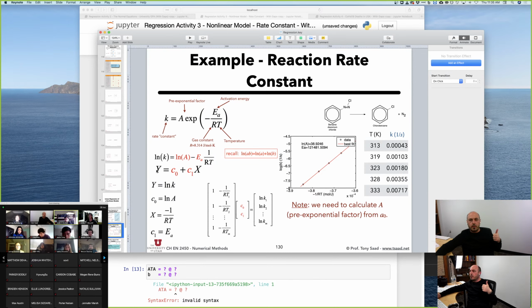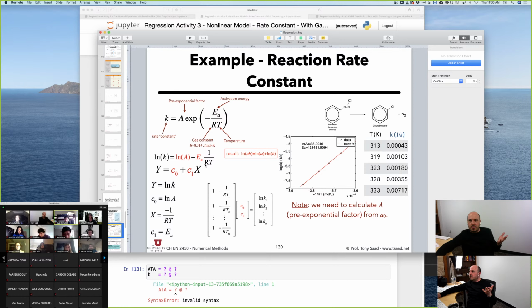Okay, so if you take the logarithm, the original y values were k, but the new y values are log k. The original x values were just the temperature. But what are the new x values? They are -1 over RT.